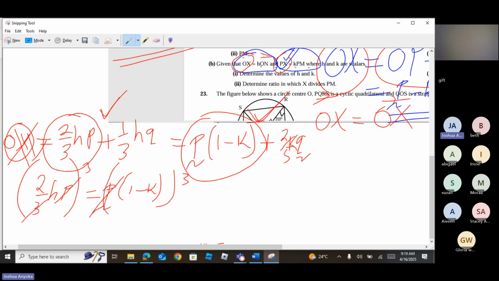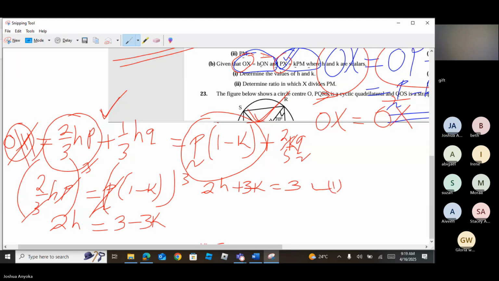So 3 and 3 will cancel. You remain with 2H equals 3 minus 3K. If we rearrange, we have 2H plus 3K is equals to 3. Equation 1.